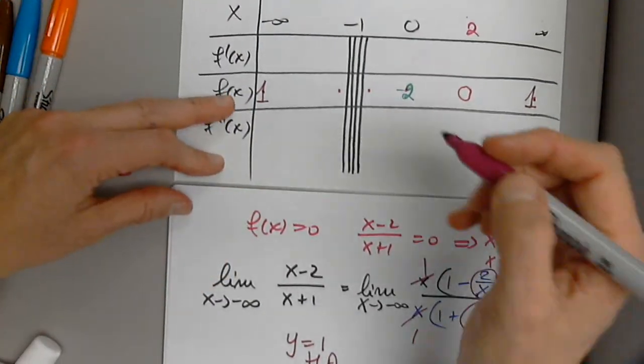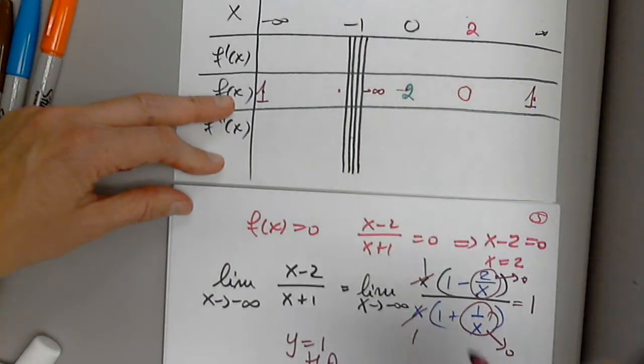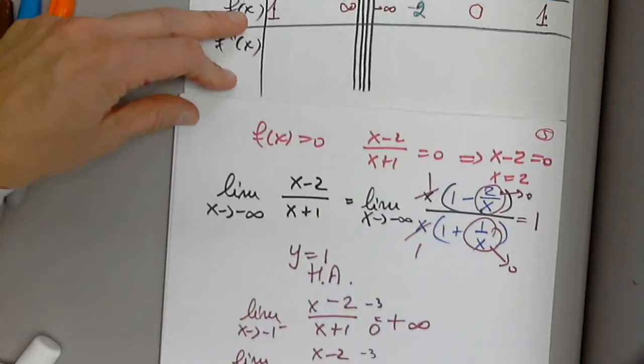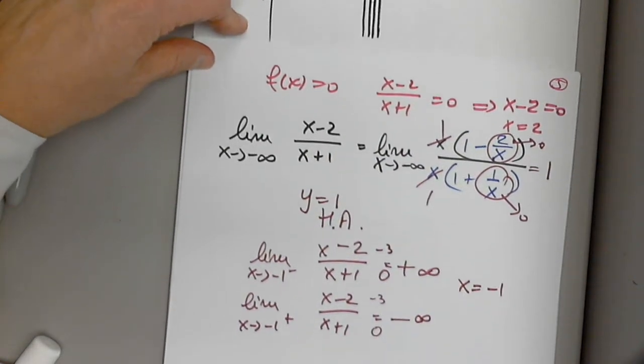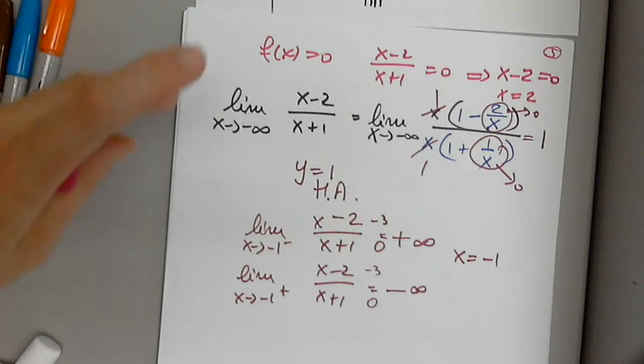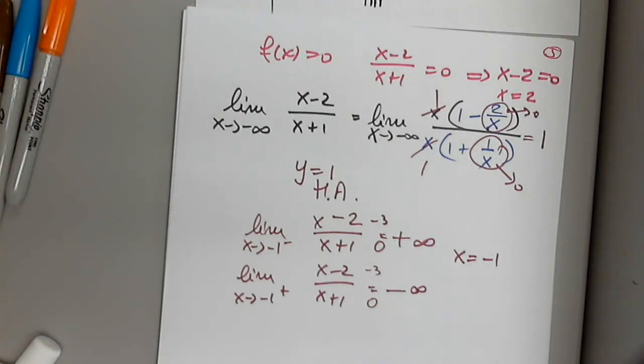So negative infinity, positive infinity. What does x equals -1 represent for this function? If the function does this, or does this: vertical asymptote.